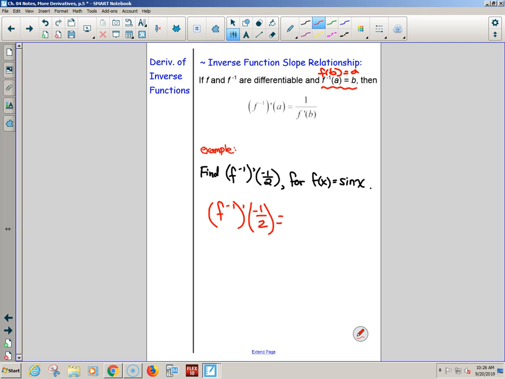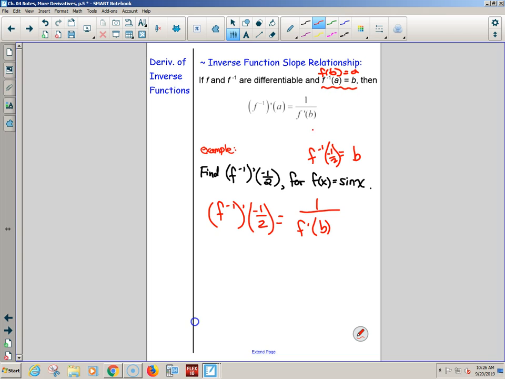What's the notation for the derivative first? And who's b? You guys agree?